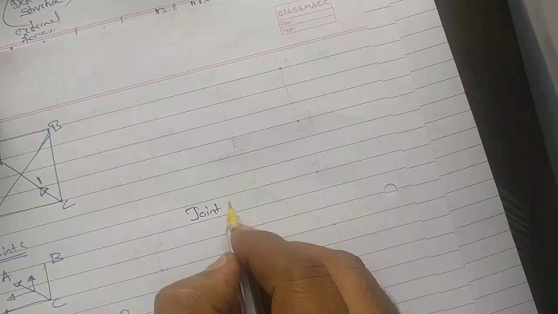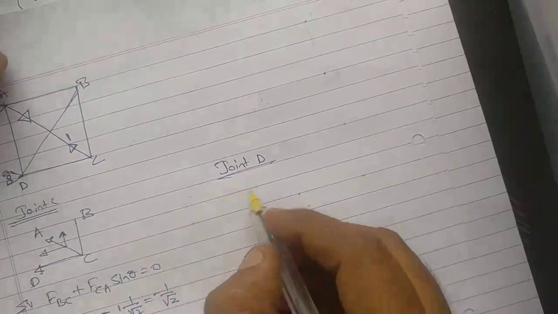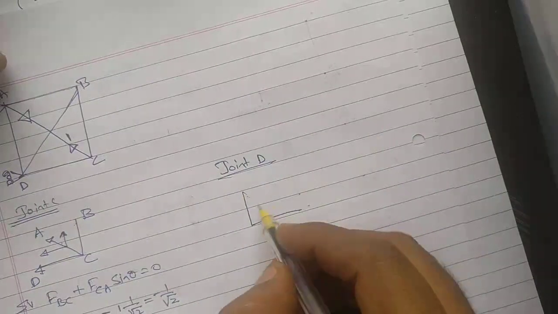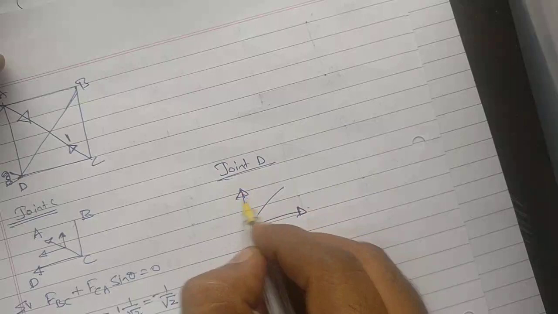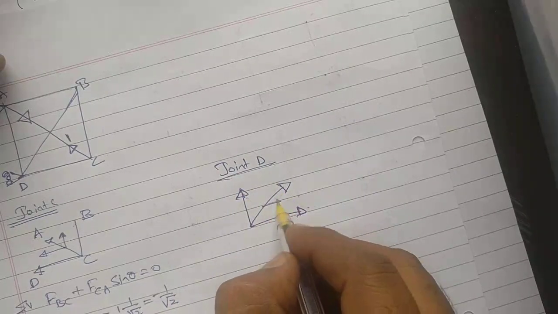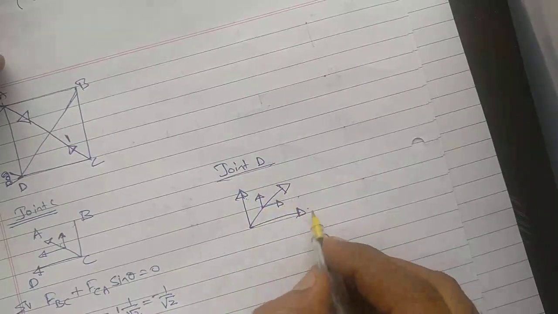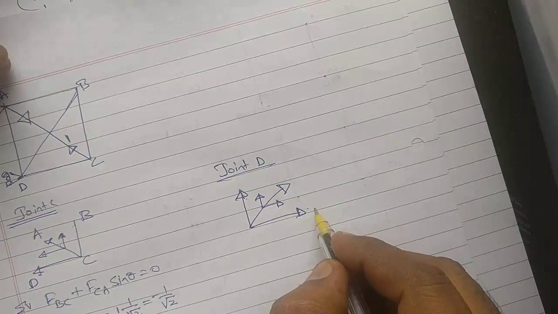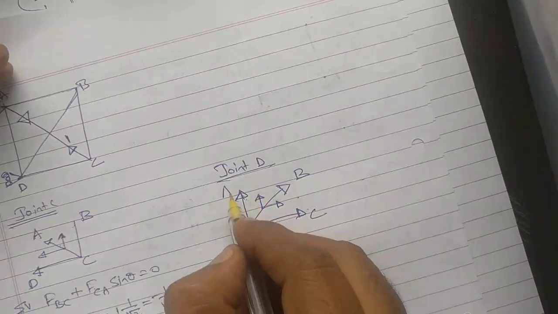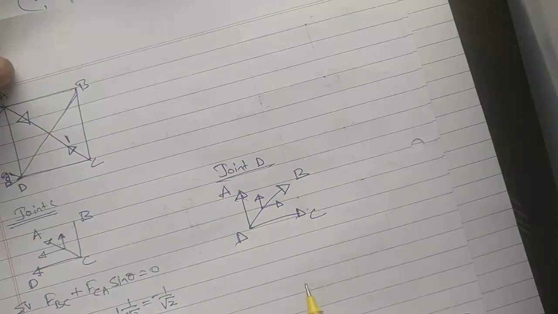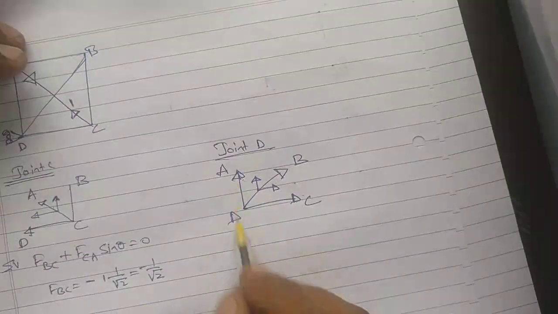In the same way we go for joint D. Away from joint. And this is C, B, A, D. We want DA.